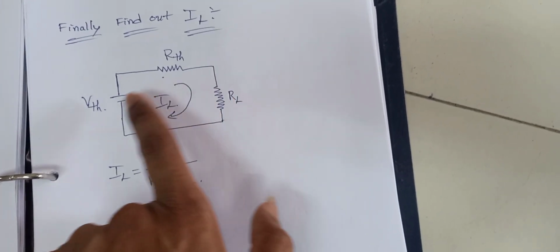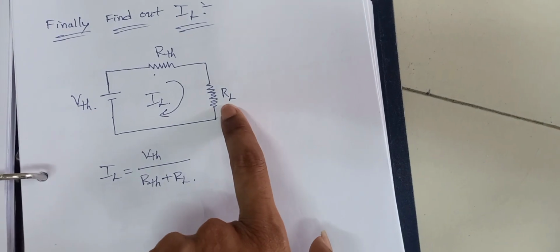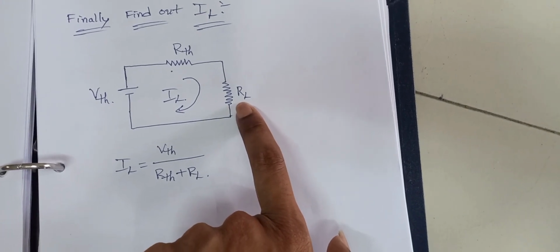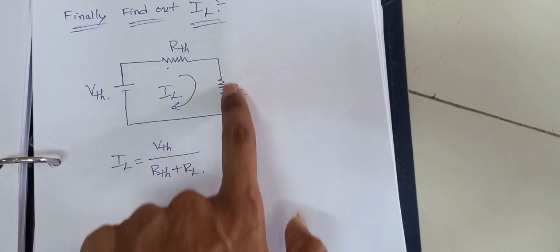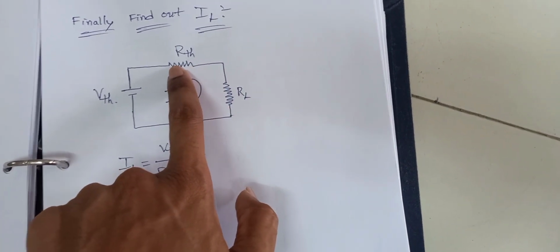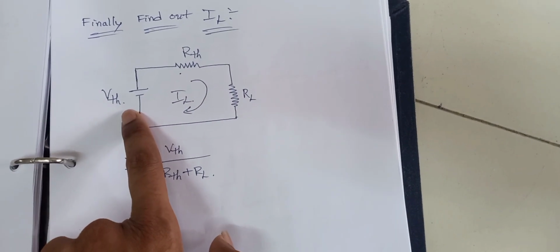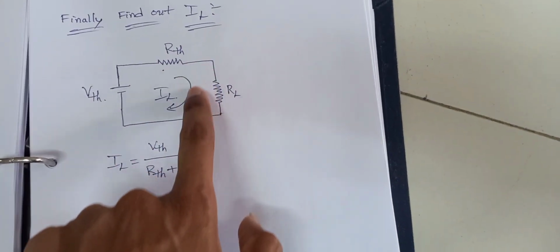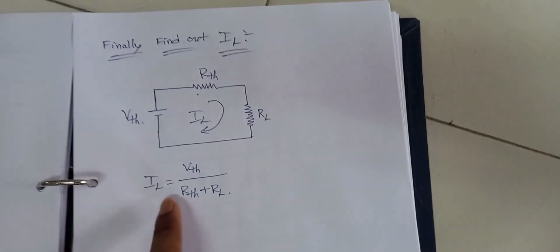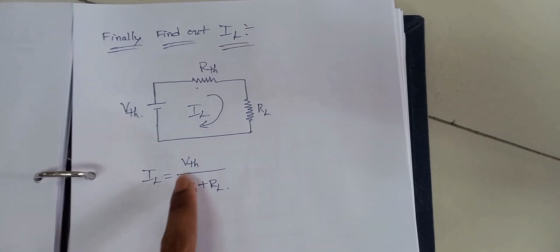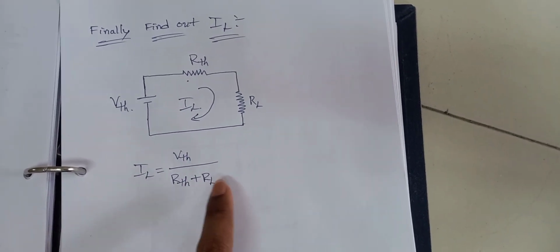Previously, for V Thevenin and R Thevenin, we kept the load resistance open circuit, but here the load resistance is also connected in series with the Thevenin resistance and Thevenin voltage, and this loop current is the load current. We can calculate that load current by using this formula: IL equals V Thevenin by R Thevenin plus RL.